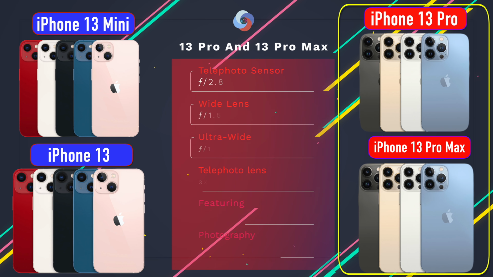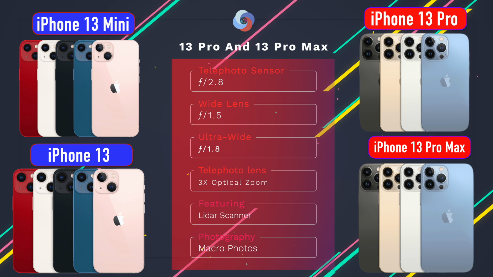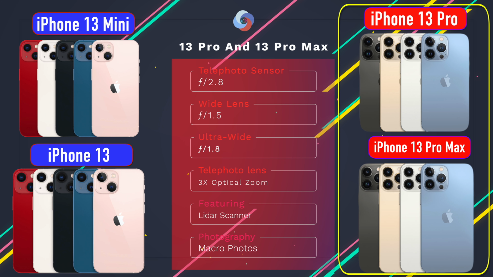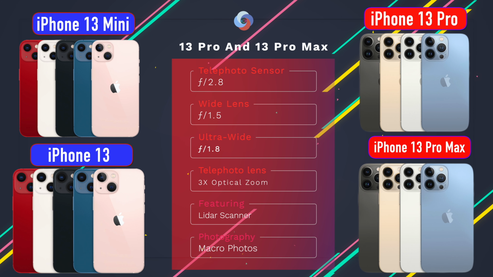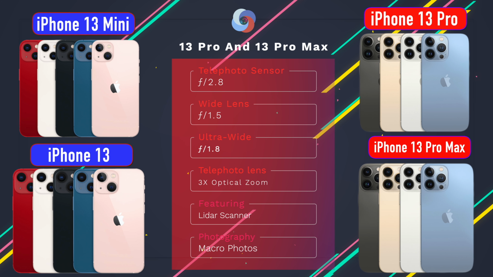The telephoto lens has f2.8 aperture, wide has f1.5 and ultra wide camera has f1.8 aperture and 120-degree field of view. The telephoto lens is capable of optically zooming 3 times, which is 0.5 times more than its previous generation.